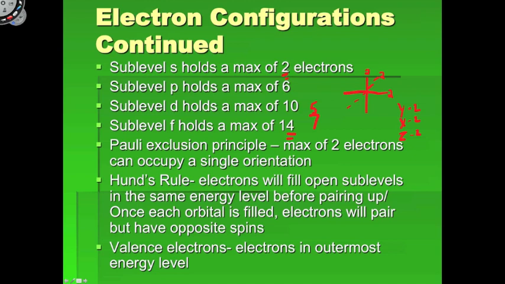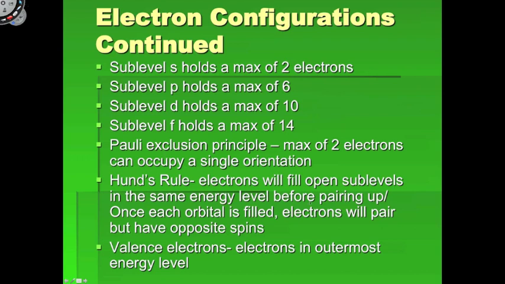Well, if that holds a maximum of 2, and you can only have 2 per orientation, it only has 1 orientation, which makes sense because the shape of it was a sphere, and no matter which way you turn the sphere, it looks the same. So that is a way to remember the orientations.